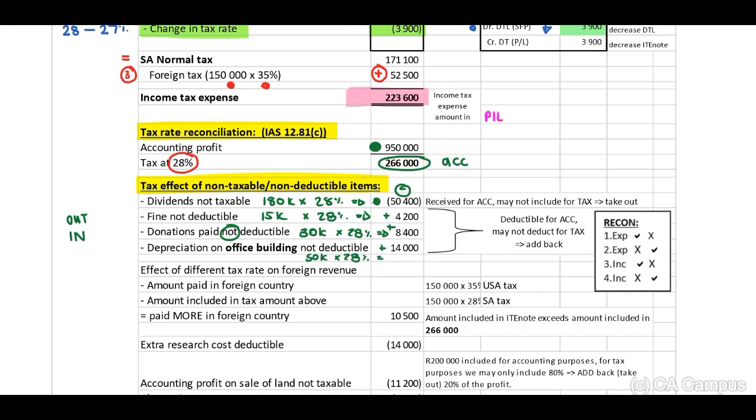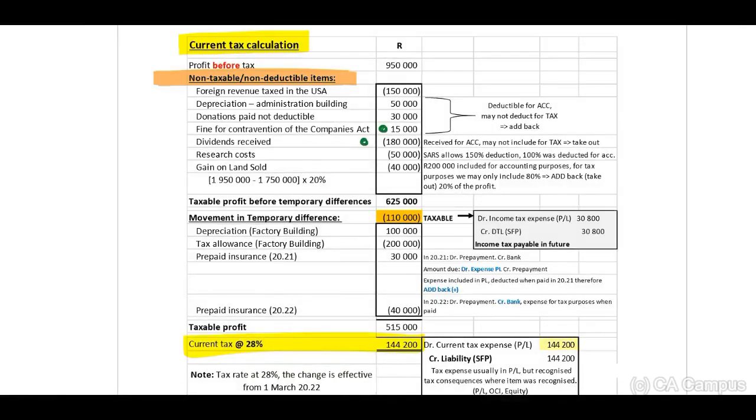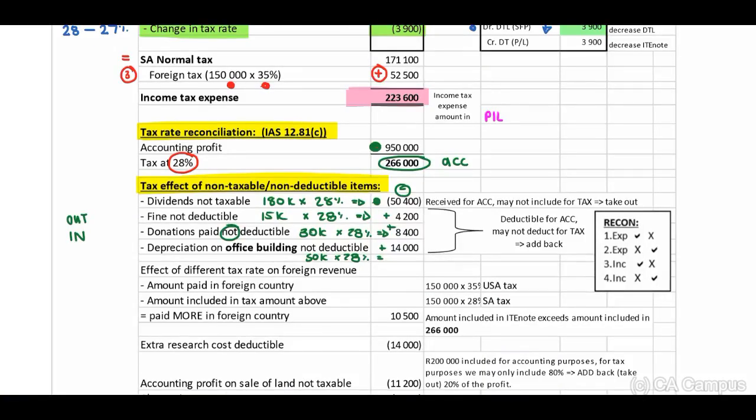Let me just show you this, guys. We have our donations, which is the 30,000. We have the depreciation, the 50,000. Let's refer back to our income tax expense note. Right, next, the extra research cost. Look at this line item, the 14,000.